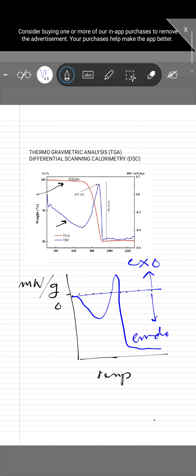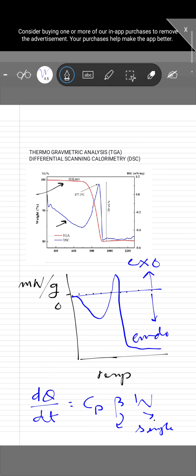Now the rate of heat flow, that means dq by dt, if you would like to express mathematically the mechanism that is going on in DSC, then you can write it in this fashion: dq by dt is equal to Cp into beta into W, where W is the sample mass, beta is the heating rate, and Cp is the specific heat at constant pressure, and this is the heat flow.